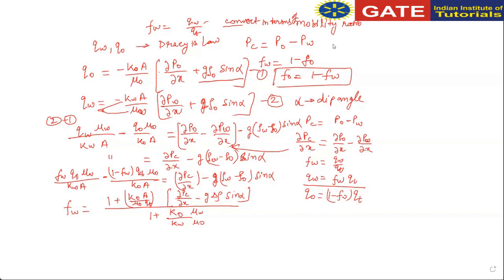And your alpha angle will be 0, so this term will be 0. The capillary effect is small in comparison, so this term will also be 0. And FW is only there. So what will be left?